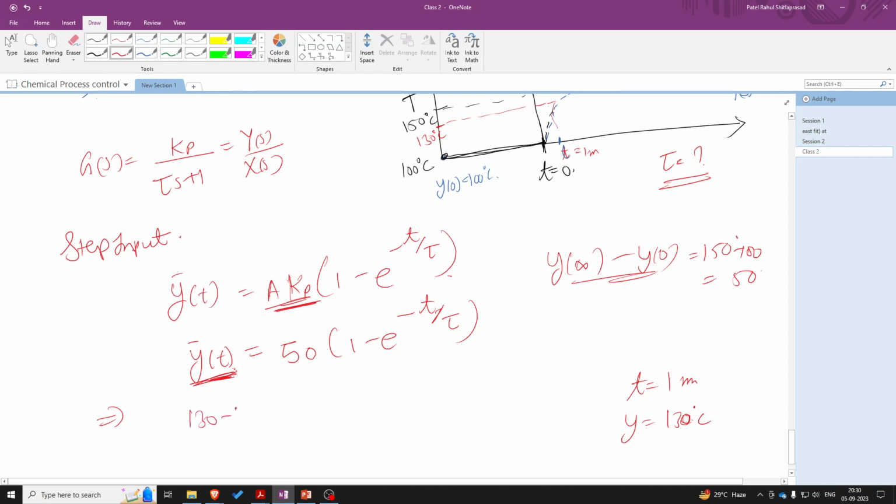So this will become 130 minus 100 is equal to 30, is equal to 50 times 1 minus e raised to minus 1 upon tau, that is 3 by 5 is equal to 1 minus e raised to minus t by tau.